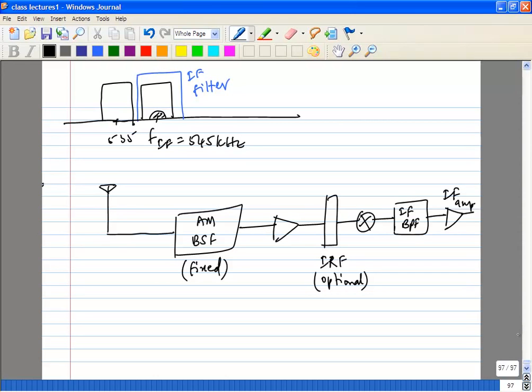Okay? So we'll conclude RX architectures with this for now. So what we'll do is we'll see how we are going to design LNAs, mixers, and we'll go to VCOs, and after that we'll come back to RX architectures, the double conversion.